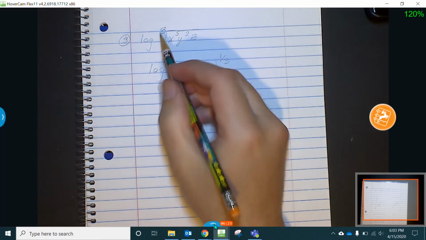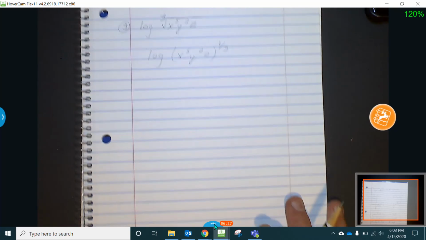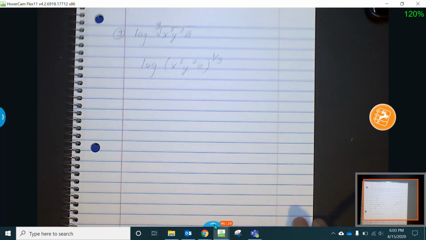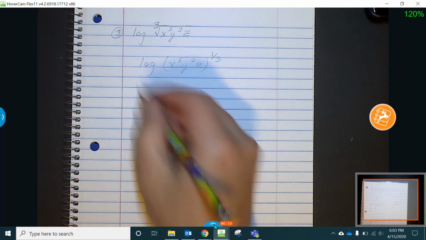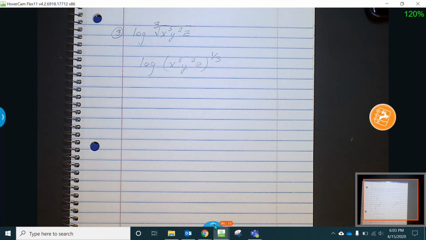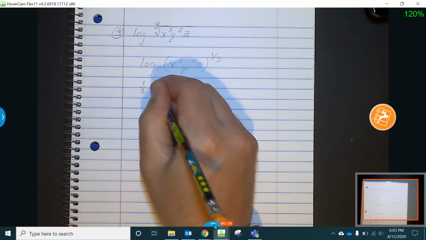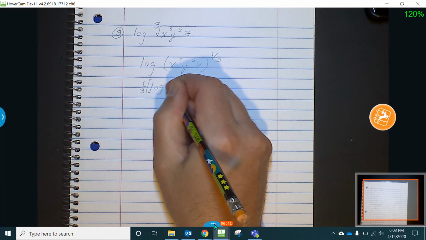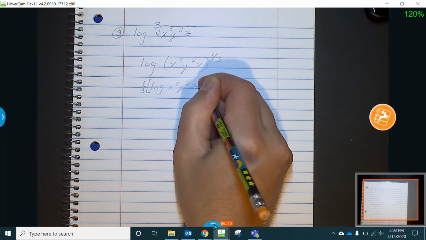So cube root is 1/3 power. Square root is 1/2 power. Now, you could distribute the power or do it the other way. So 1/3 log x to the fifth y squared z.